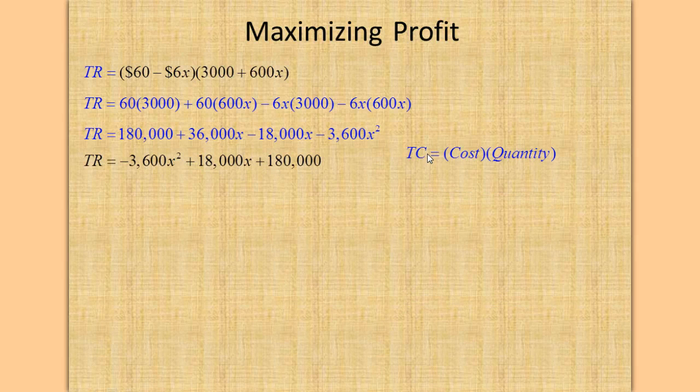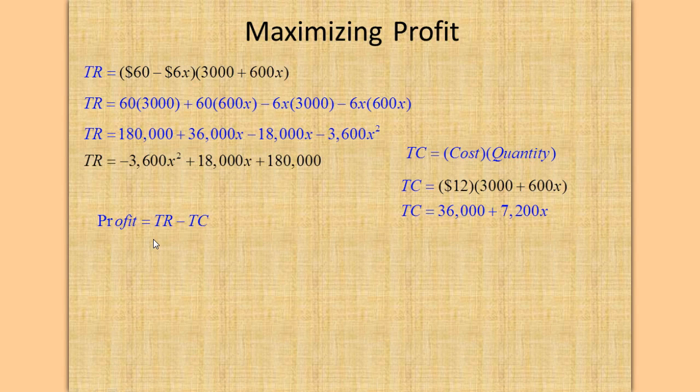What is our total cost multiplication? We have 12 times 3,000 is 36,000, and 12 times 600x is 7,200x. And our profit is equal to the total revenue minus the total cost.